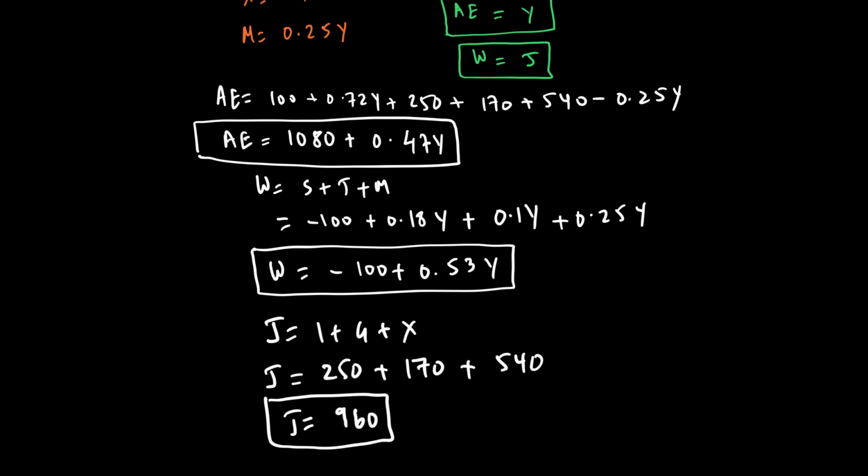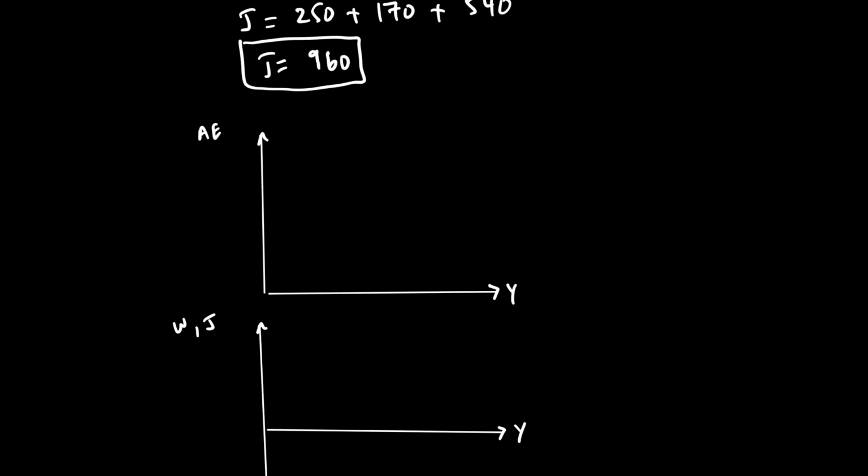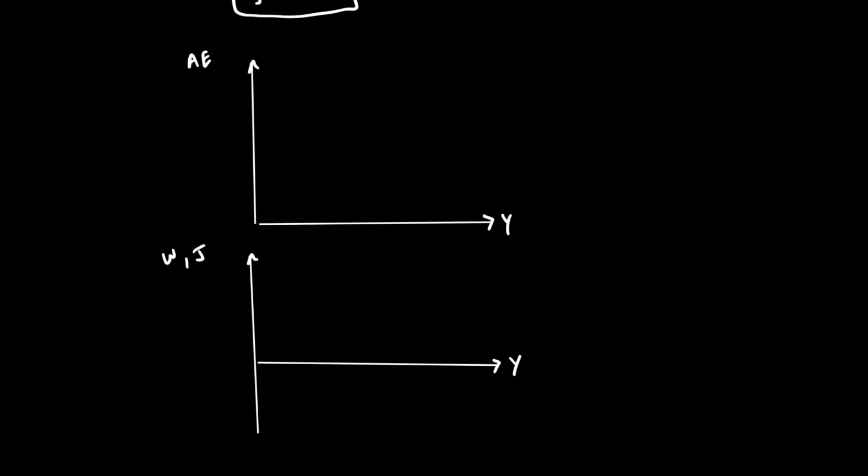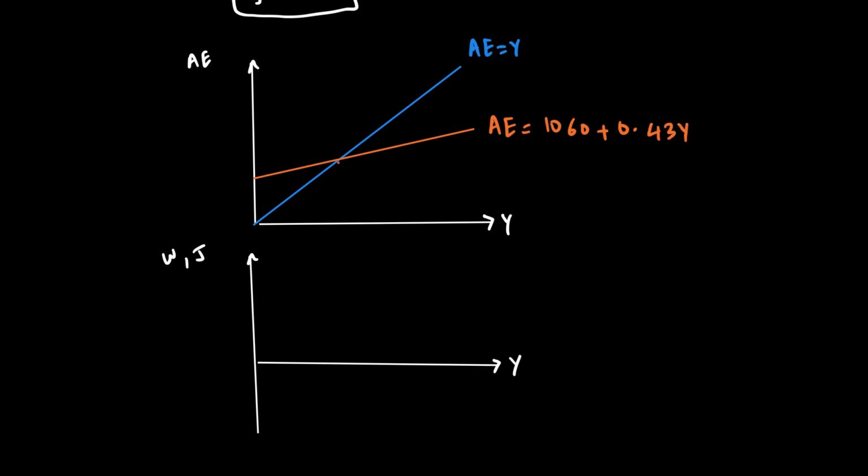So let's draw the diagram for this. First, we'll draw our AE is equal to Y line. That's our equilibrium income. So AE is equal to Y looks like this. It's a 45-degree line. And then I'll draw my AE function, the current AE function, which is AE is equal to, we found out, 1080 plus 0.47Y. And it's meeting at this point Y star.